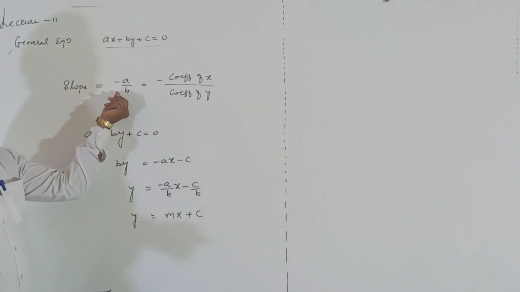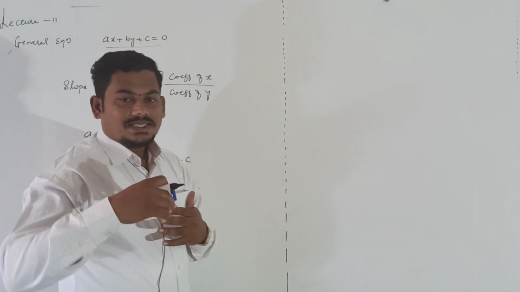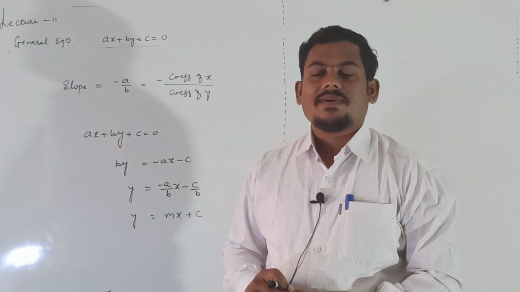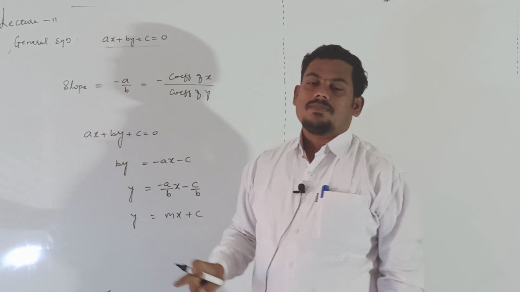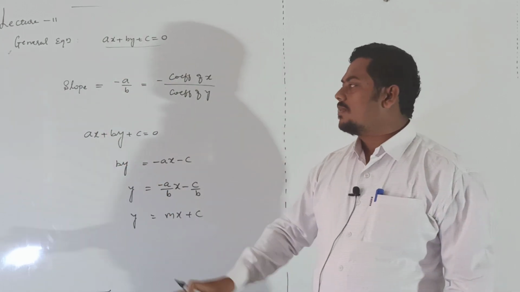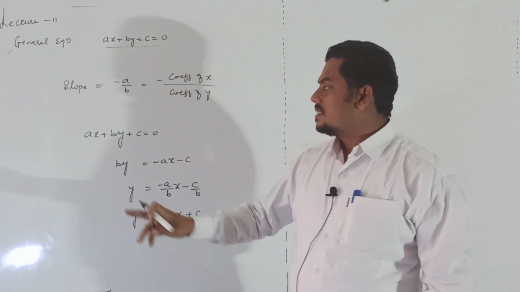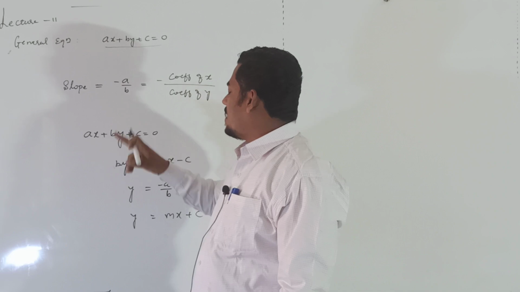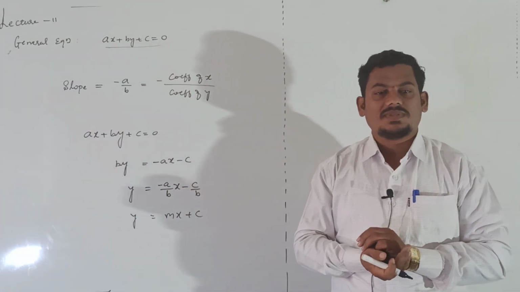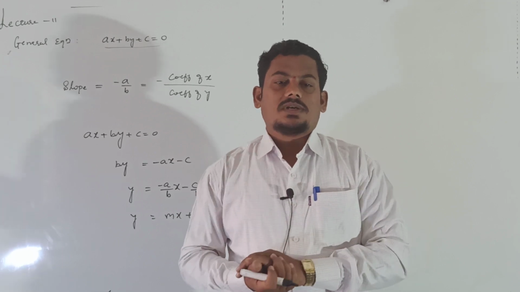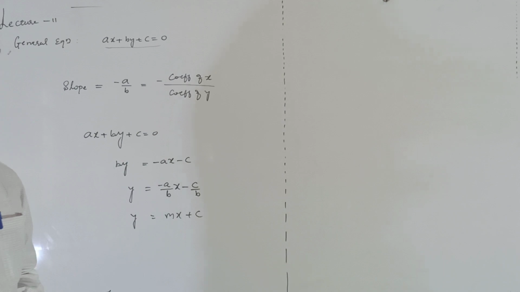Its slope is minus a by b because if you convert this equation in the form of y equal to mx plus c, then you get m as minus a by b. Or just remember this formula: slope of the line ax plus by plus c equal to 0 is minus a divided by b.